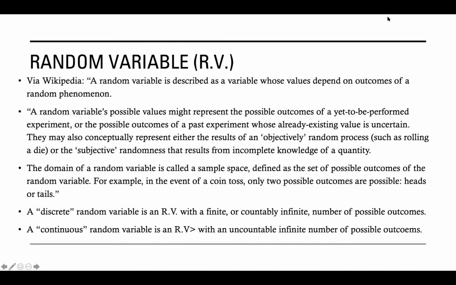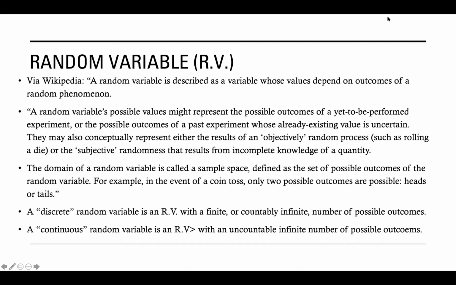A random variable's possible values might represent the possible outcomes of a yet to be performed experiment, or the possible outcomes of a past experiment whose already existing value is uncertain or unknown. They may also conceptually represent either the results of an objectively random process, such as rolling a die, or the subjective randomness that results from the incomplete knowledge of a quantity.